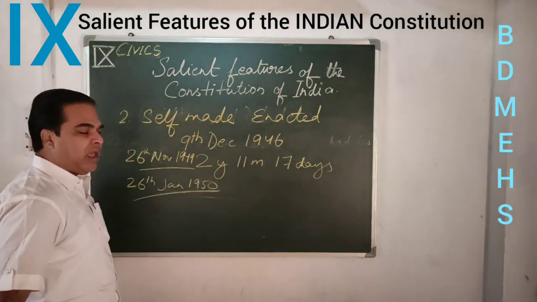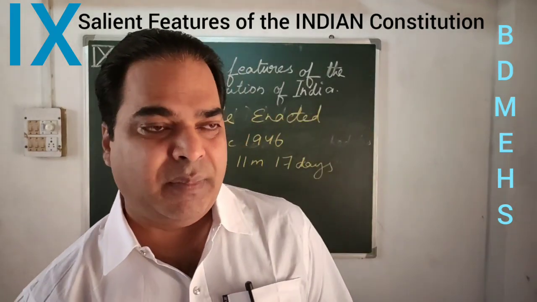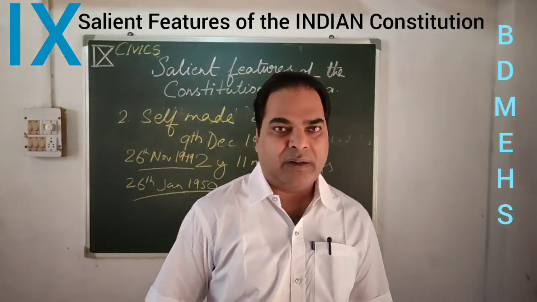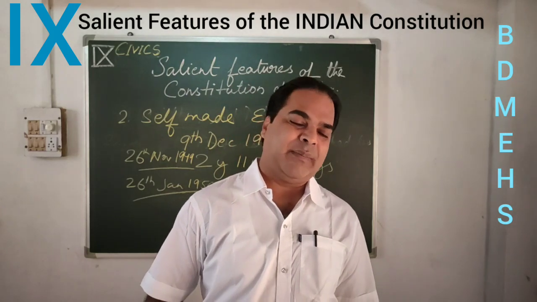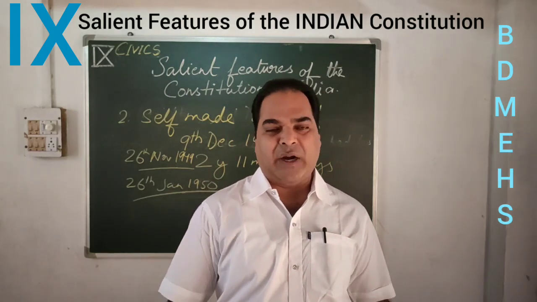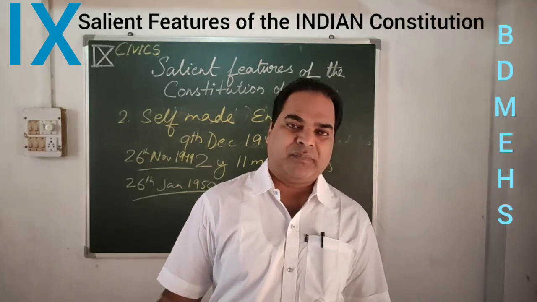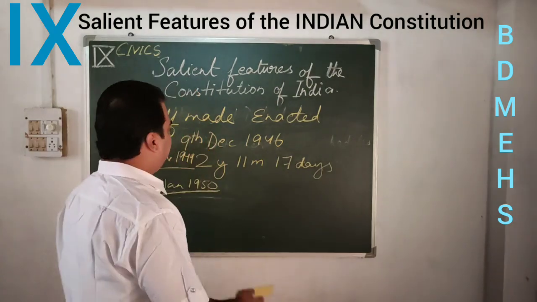So from here our country became a republic. Before that, we know that in 1947 India became independent, but our constitution was not ready. So after the adoption of our constitution, India was declared a republic. I'll discuss that also clearly.